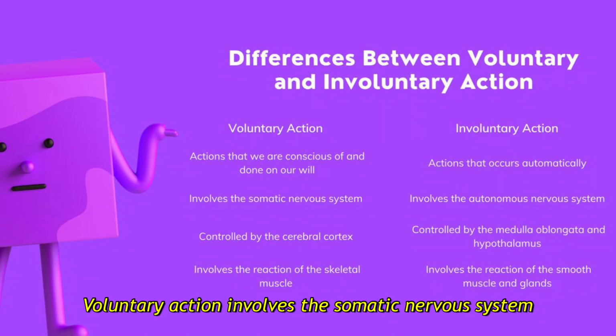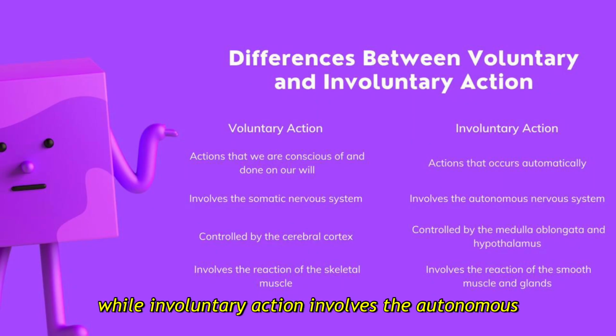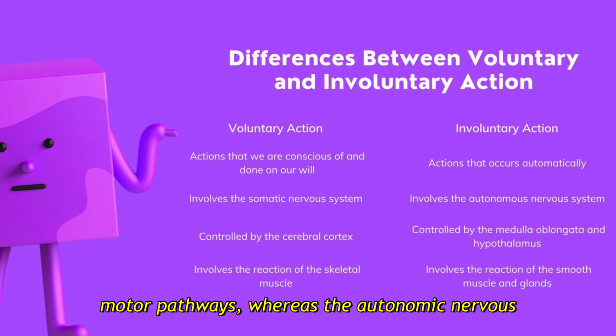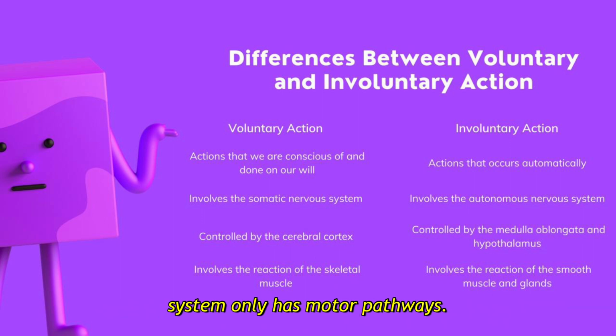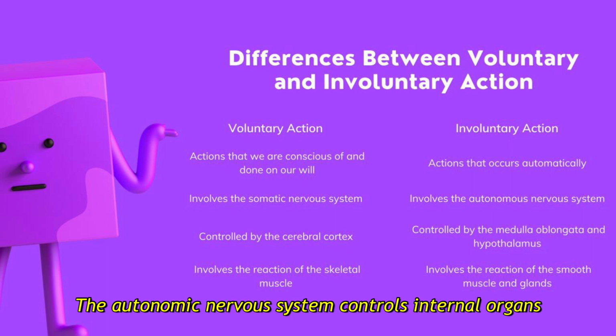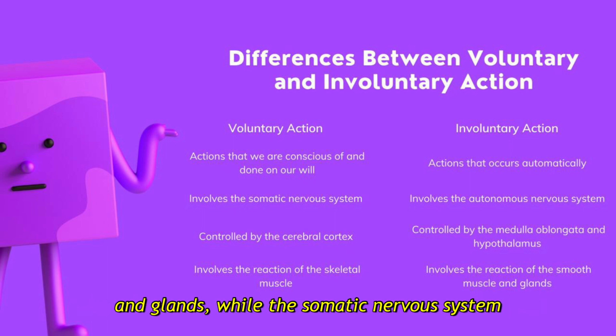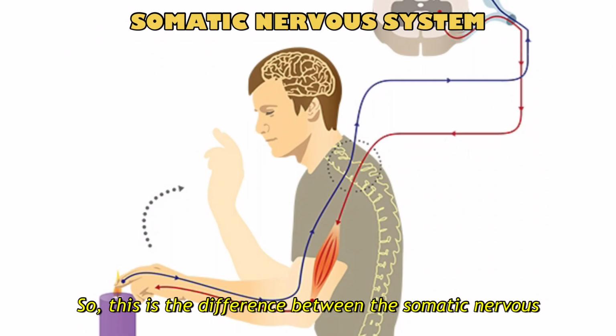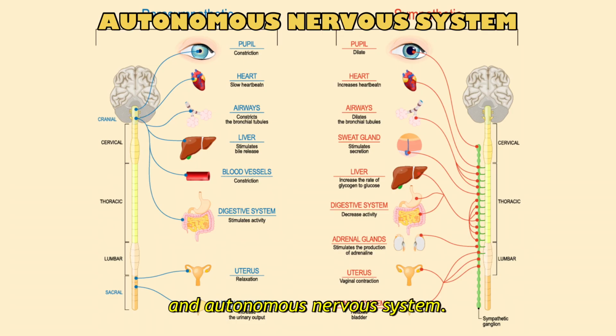Voluntary action involves the somatic nervous system, while involuntary action involves the autonomic nervous system. The somatic nervous system has sensory and motor pathways, whereas the autonomic nervous system only has motor pathways. The autonomic nervous system controls internal organs and glands, while the somatic nervous system controls the muscles and movement. So, this is the difference between the somatic nervous system and autonomic nervous system.